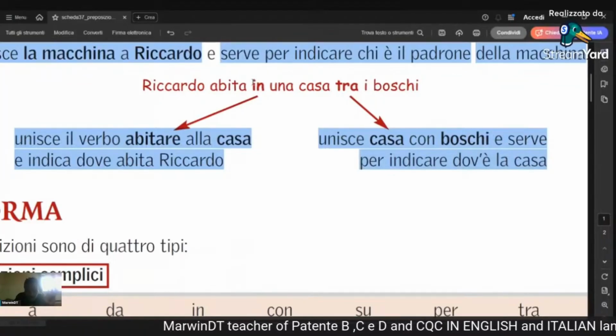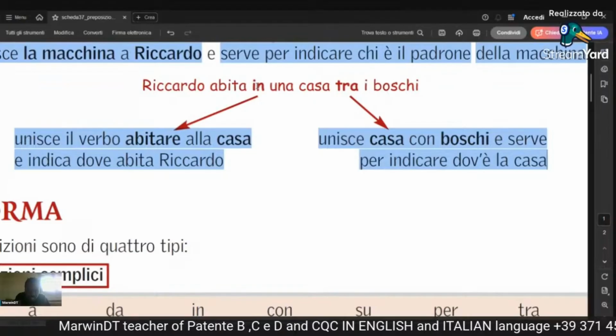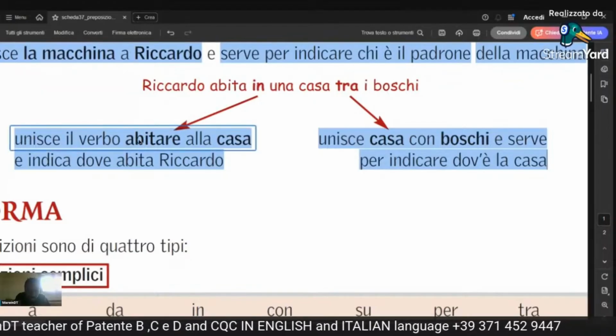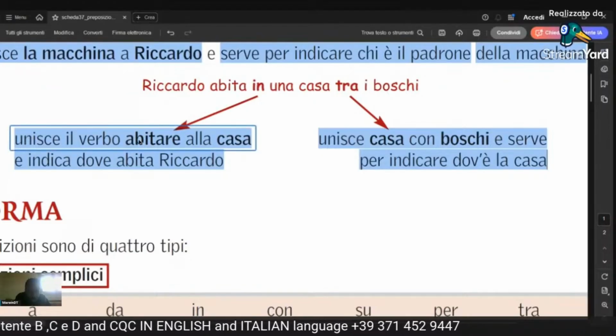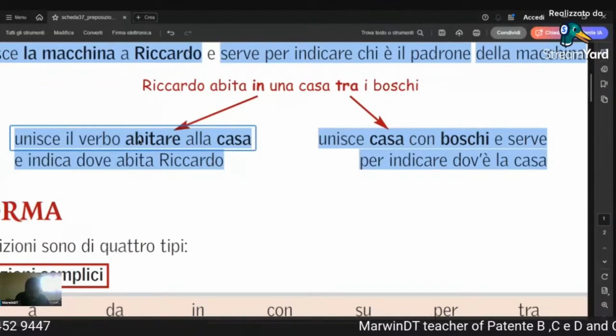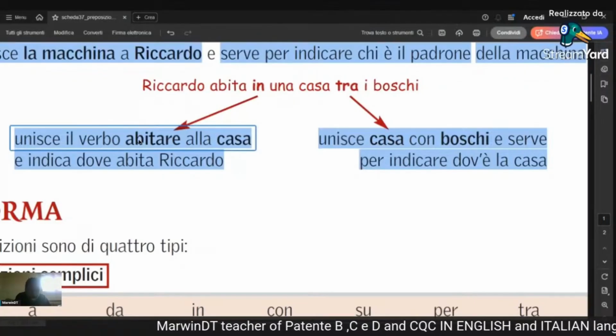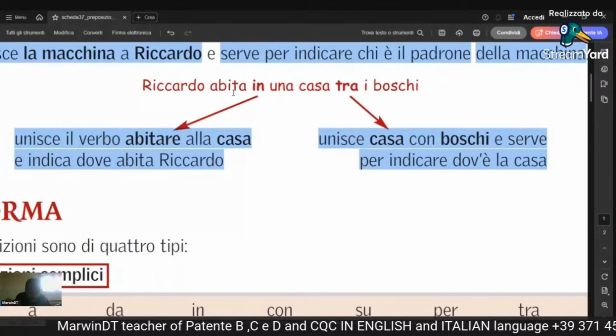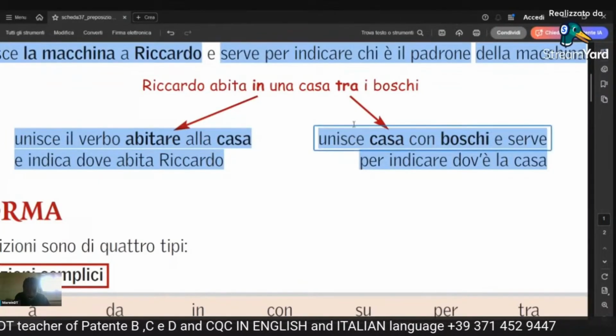So in is indicating what? The house. It's indicating the verb abitare, to live in a house, and indicating where Riccardo lives.